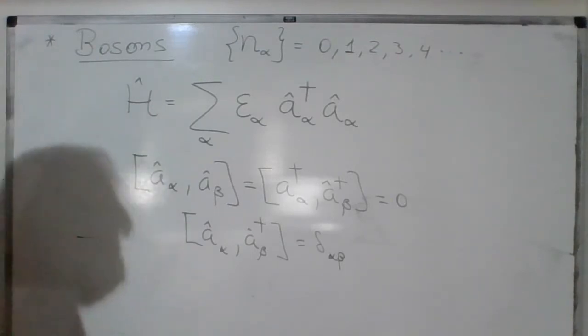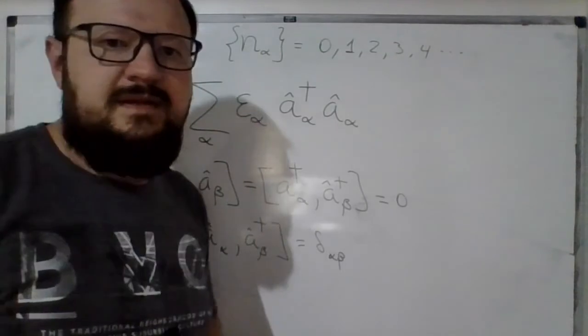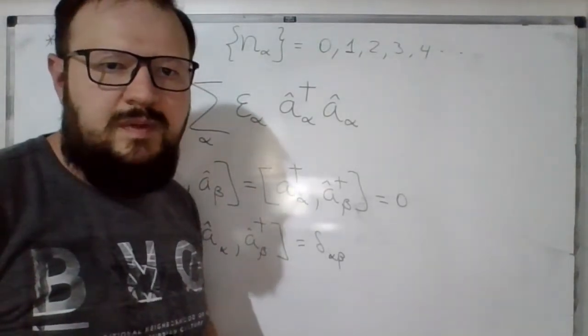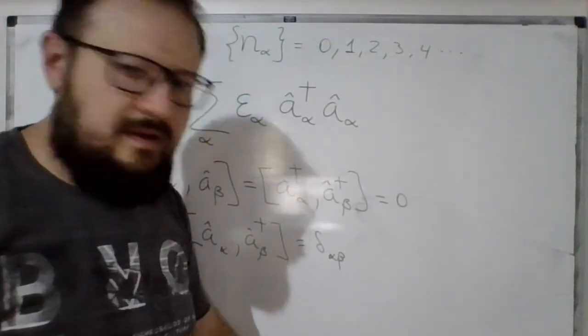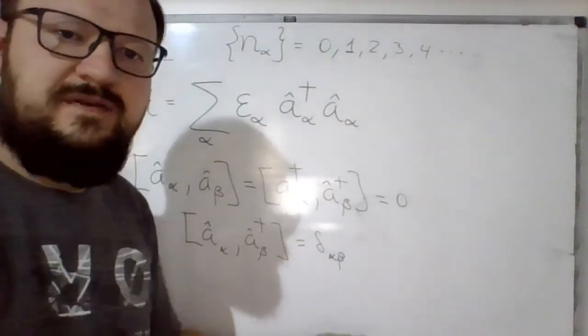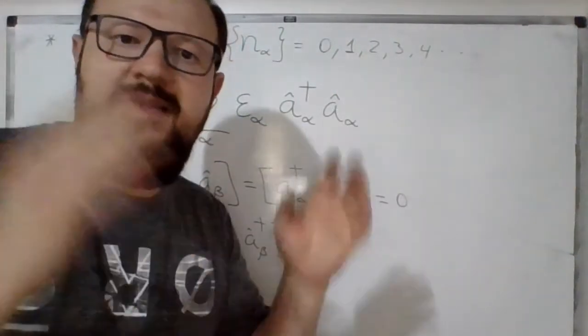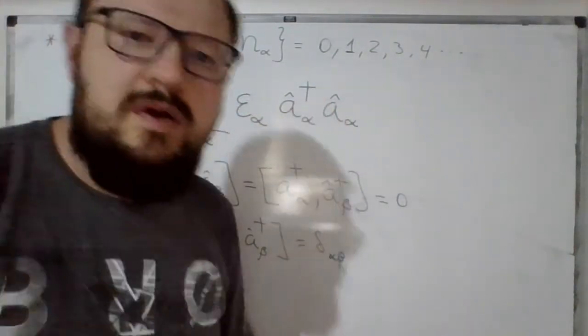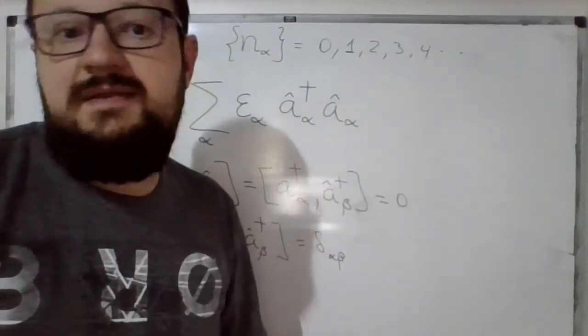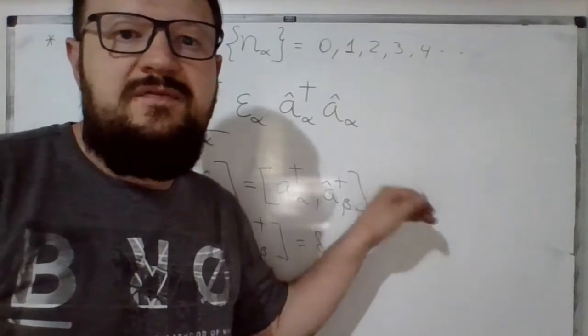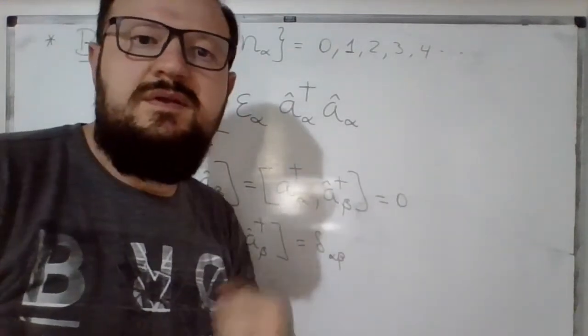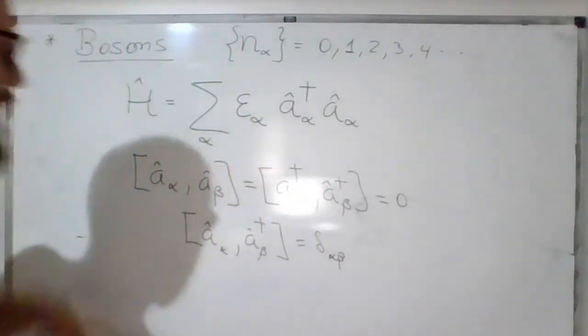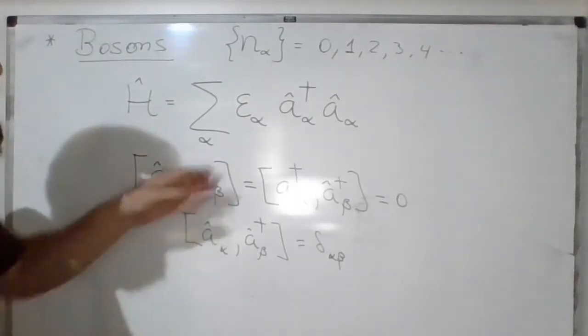Now we want to calculate the density matrix, which allows us after that to calculate the mean energy of the system, or the average energy, and the occupation number on average, or whatever physical quantity we want for the system.